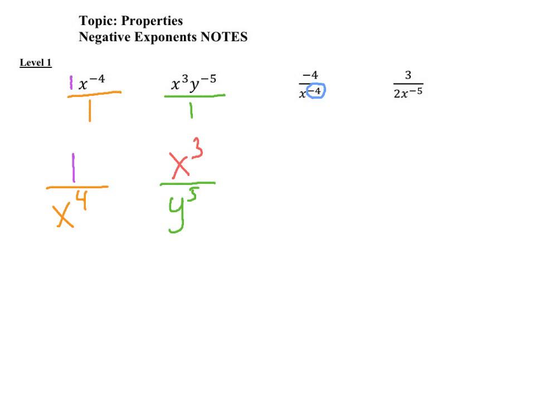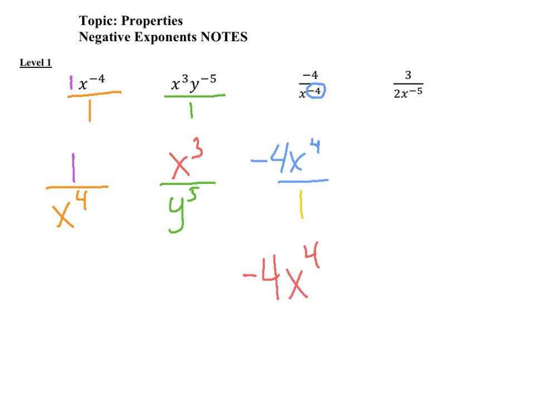So if it's on the bottom, I'm going to move it to the top of my fraction and make the 4 a positive. Now that negative 4 was already on top, so I'm just going to leave it there. If you want to put a 1 underneath here, you're more than welcome to. But my final answer is just negative 4x to the fourth.